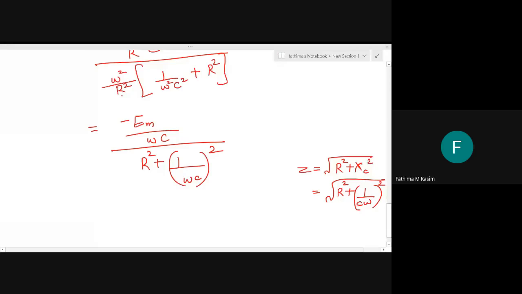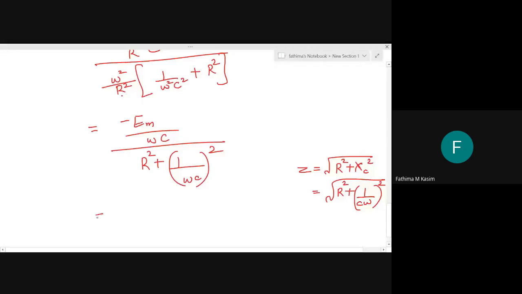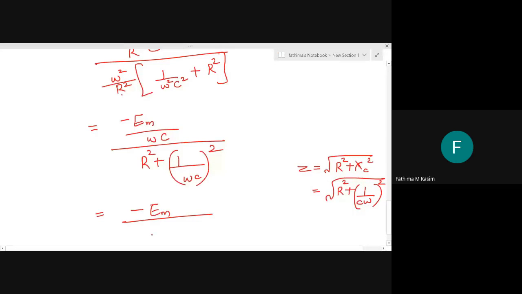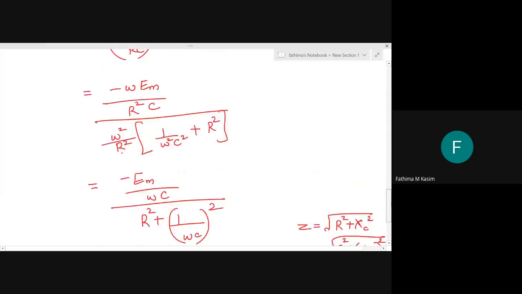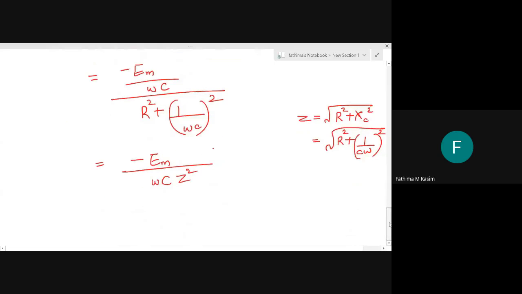Is there any problem? Okay, so I can write here minus Em divided by omega C Z square. So this is A. So we have got the expression for A. A is equal to minus Em divided by omega C Z square.